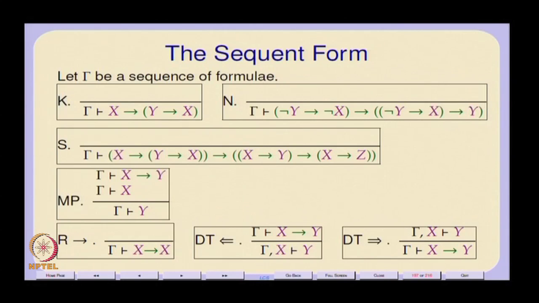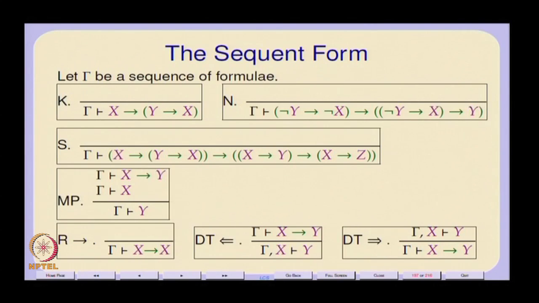Now, the current state of the art, so to speak, of the Hilbert style proof system is this, in sequent form. What I have done is put in this extra set of assumptions. So, this gamma could be any set of formulae. From the point of view of provability, we will usually assume that gamma is a finite set of formulae.